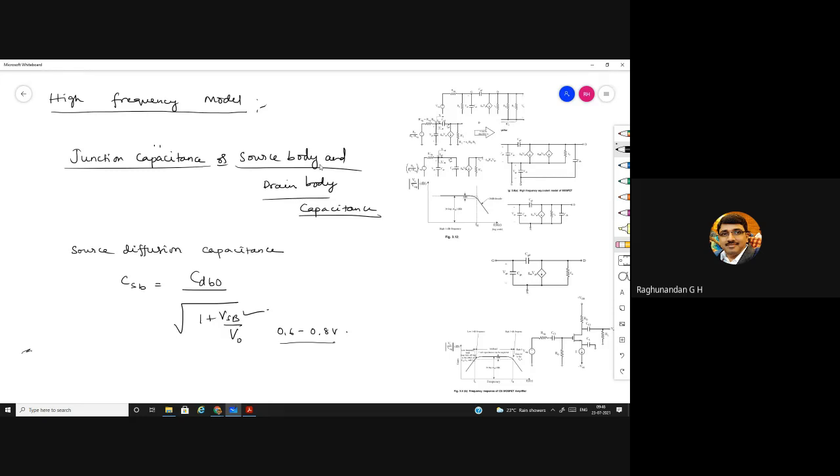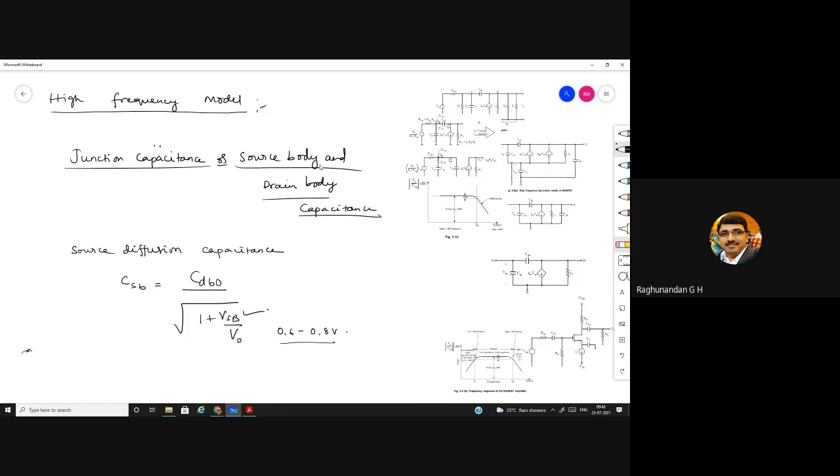And CSB 0, sorry, CDB 0, here it is nothing but the value of the capacitance under zero bias voltage.